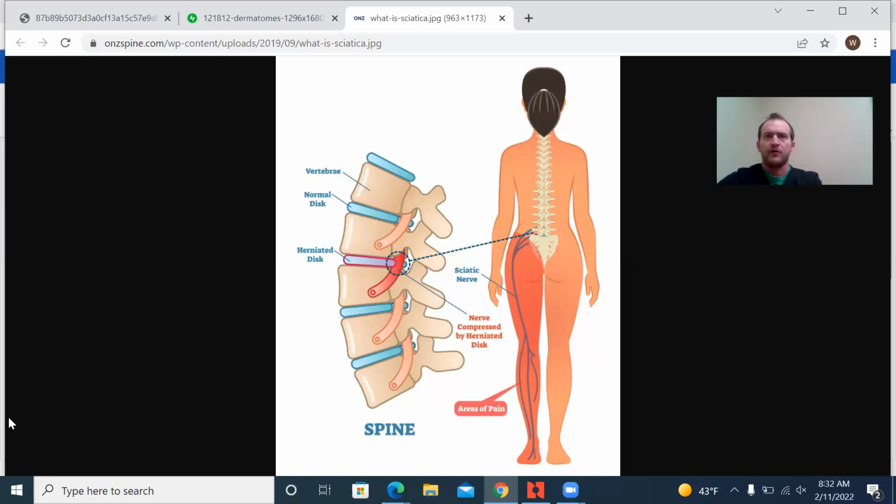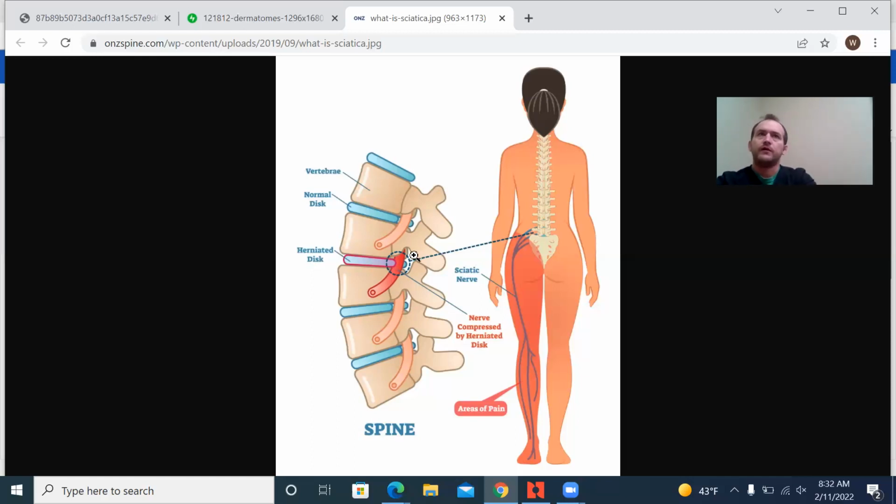Now, I mentioned earlier that physicians and doctors and physical therapists and other people who are medically trained can a little bit isolate the source of the pain based upon the presentation of symptoms. And saying that, because each one of these vertebra has a corresponding nerve root, these nerve roots supply different areas of the body.